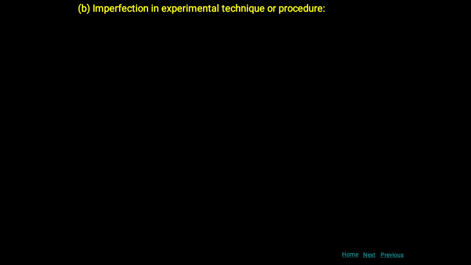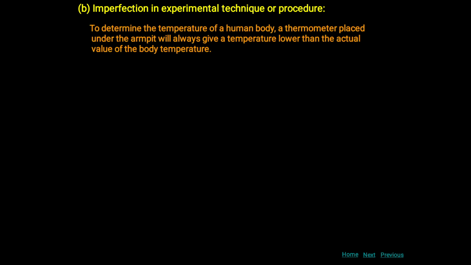Second, imperfection in experimental technique or procedure. For example, to determine the temperature of the human body, a thermometer placed under the armpit will always give a temperature lower than the actual value of the body temperature. Third one, that is personal error.